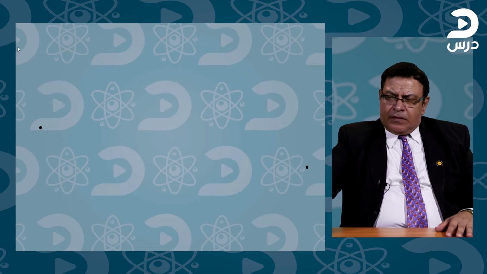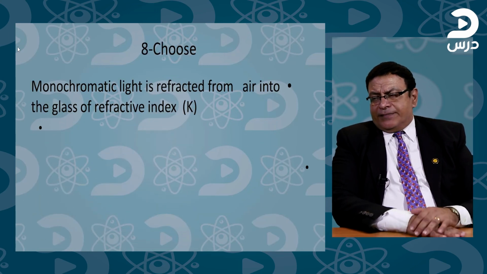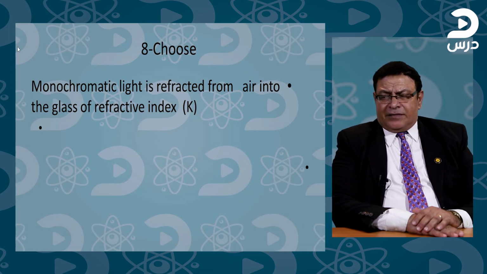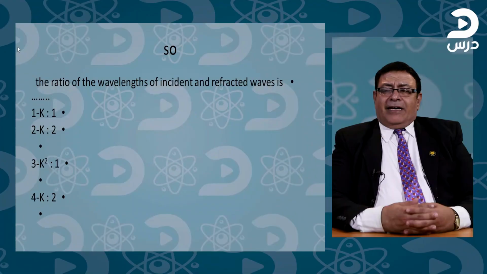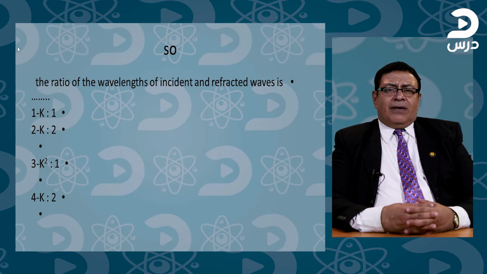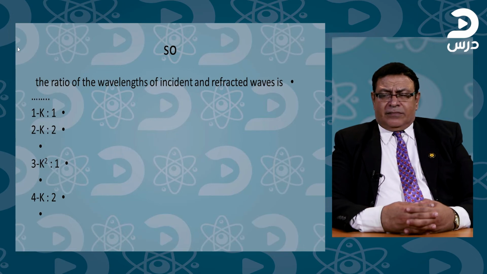0.6527. Choose number 8. A monochromatic light is refracted from air into glass of refractive index K. So, the ratio of wavelengths of incident and refracted waves is: choose number 1, K to 1.